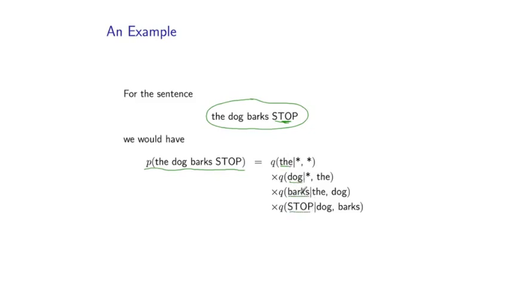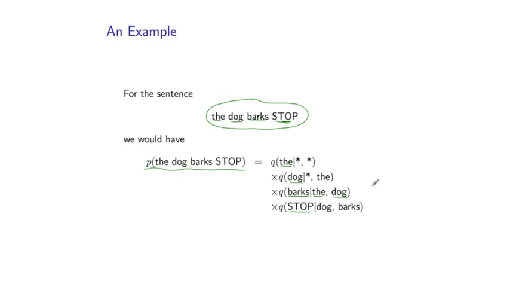And at each point, we condition on the previous 2 words in the sequence. So for example, barks is conditioned on the and dog because those are the previous 2 words in the sequence. So what we're doing here is essentially treating sentences as being generated by a second-order Markov process, where each word in the sentence is chosen conditioned only on the 2 previous words in the sentence. And that is a trigram language model.